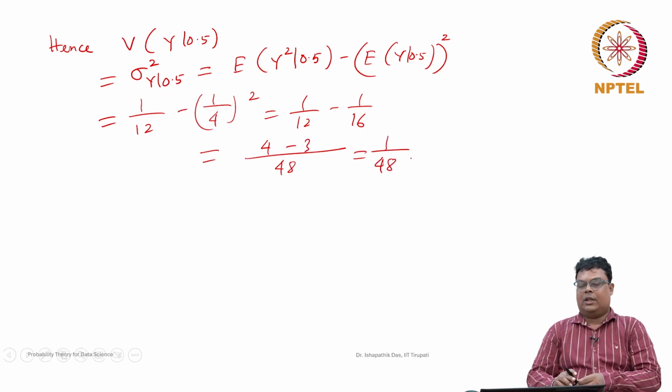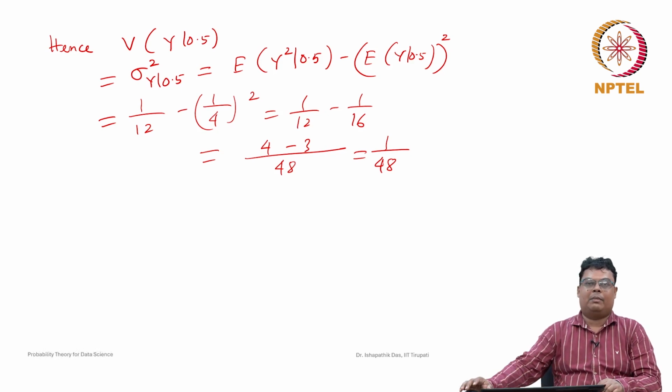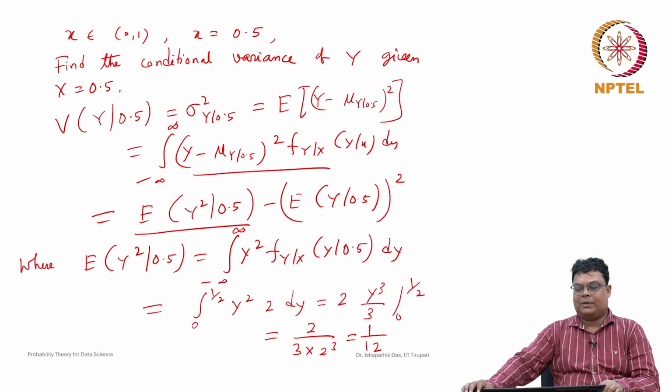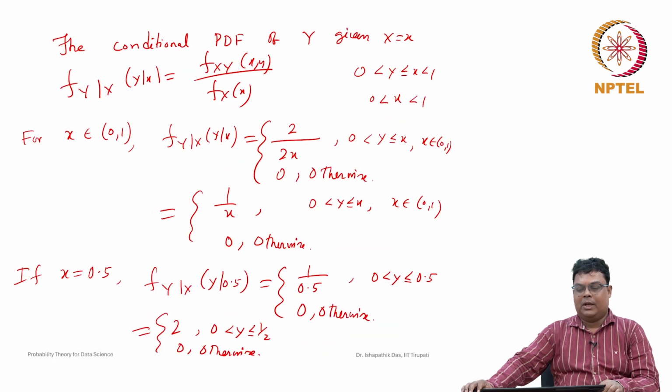So this is the conditional variance of y given x equal to 0.5. If this kind of problem is given, then we have to solve it in this way.